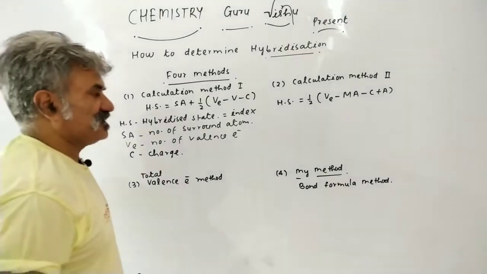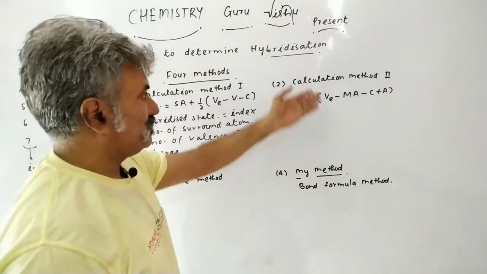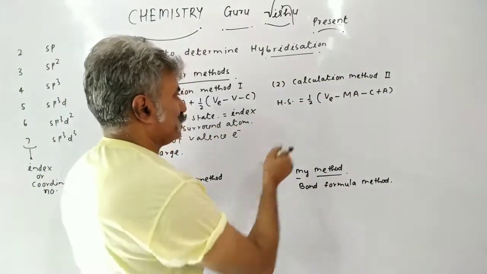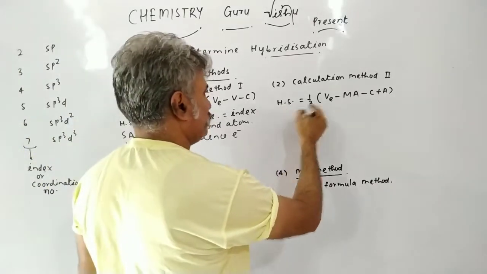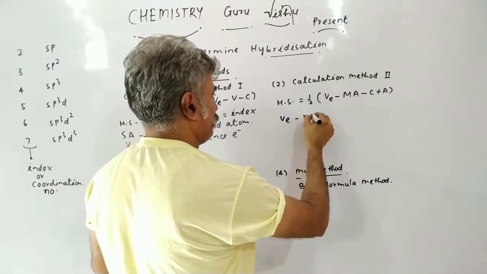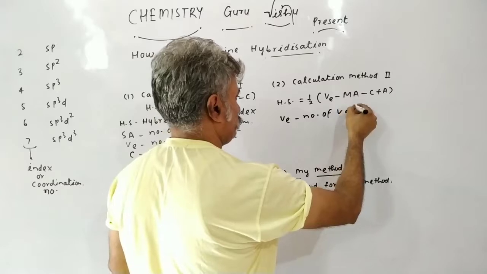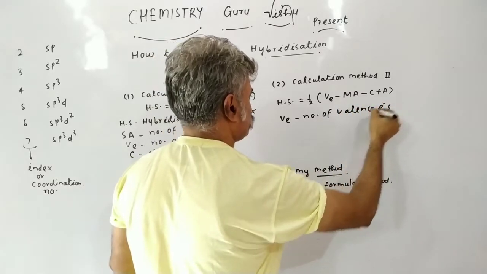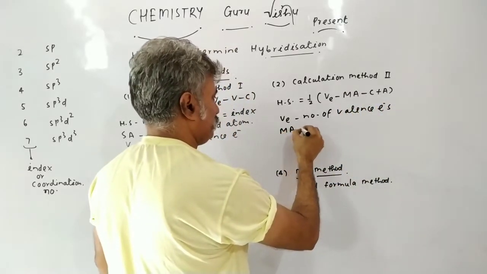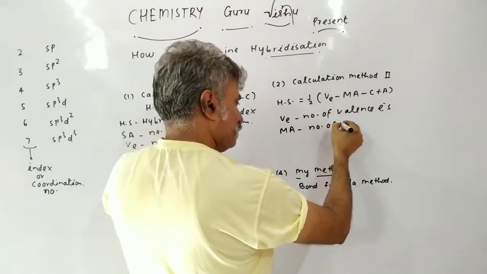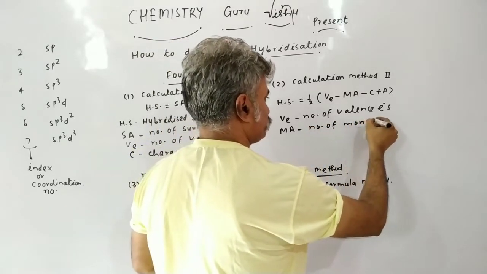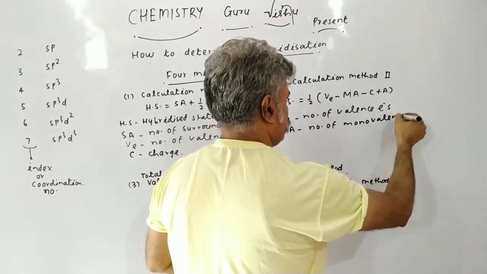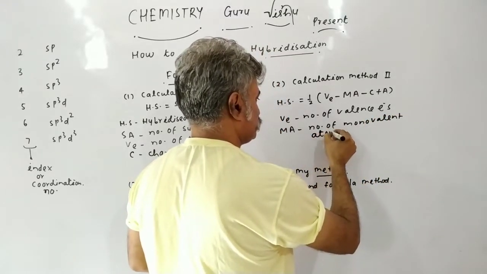Second method, it is also a calculation method, and I term it calculation method number 2. So here HS is the same as hybridized state, and V, number of valence electrons, MA, number of monovalent atoms.